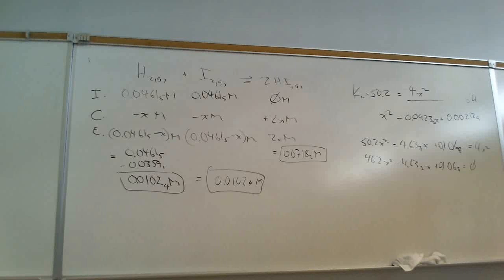Let me try a different quadratic solver. Using this quadratic solver, 46.2, negative 4.633, and 0.1068. I don't know what algorithm they use. I thought they all used the same.